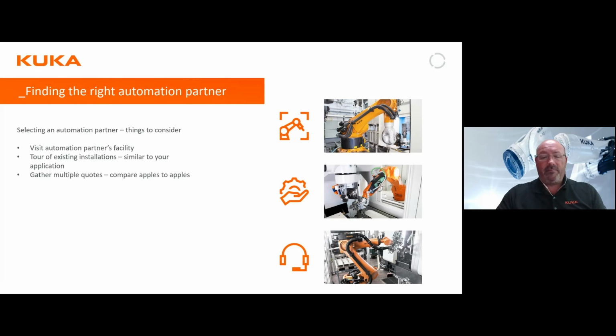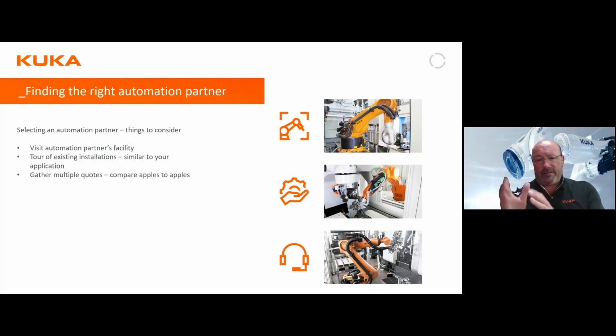And so now that you've identified 2 or 3 companies that check the boxes on your requirements, you've assessed their facilities, you've seen their equipment in action, and provided them with the same specifications and what you expect from your automation project, you request a few quotes and make sure you're comparing apples to apples.